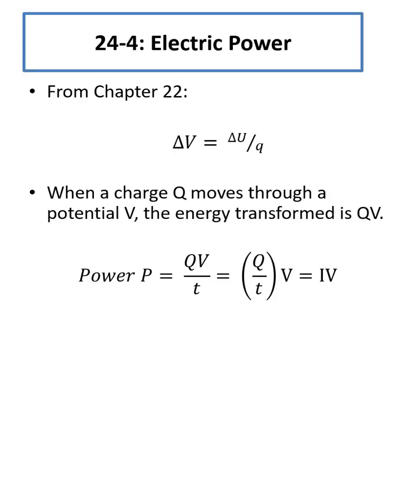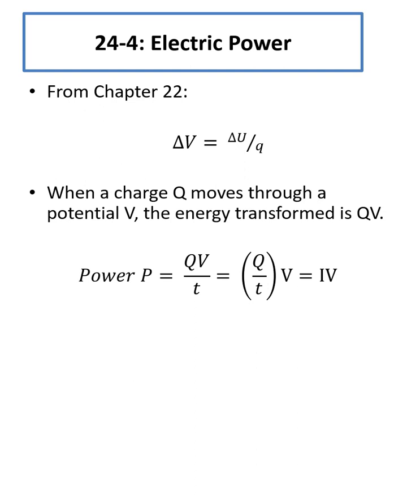The next section is 24.4, electric power. From chapter 22, we learned that the potential difference between 2 points can be thought of as the change in energy, the energy transformed, divided by the charge.